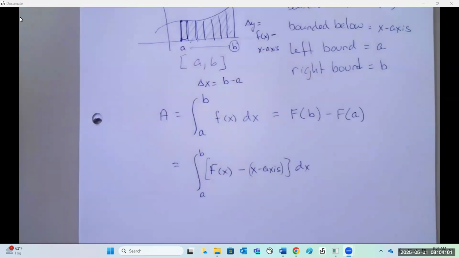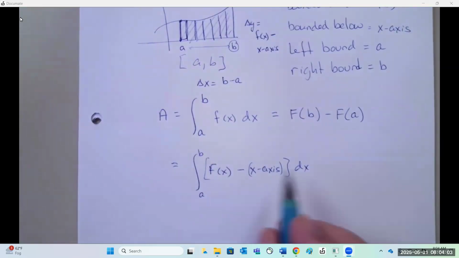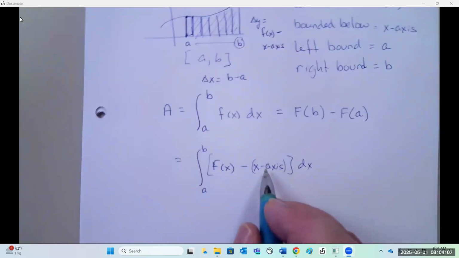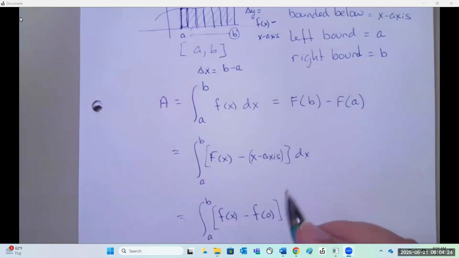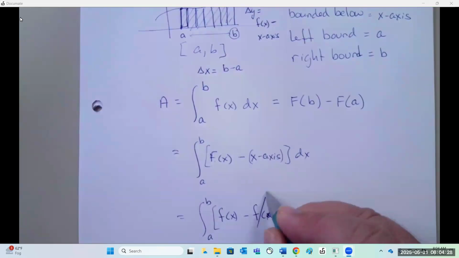we can look at it this way. Does the x-axis have a formula? What's the formula for the x-axis with respect to f? So it's not f of 0, it's f of x equals 0.